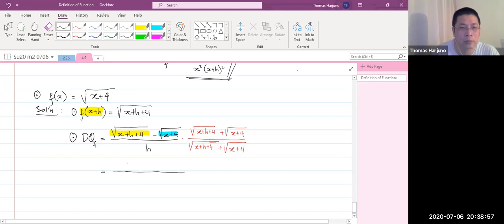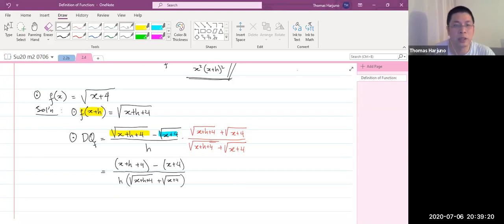We get x plus h plus 4 on the numerator minus x plus 4, and then at the bottom we get h times the square root of x plus h plus 4 plus square root of x plus 4.